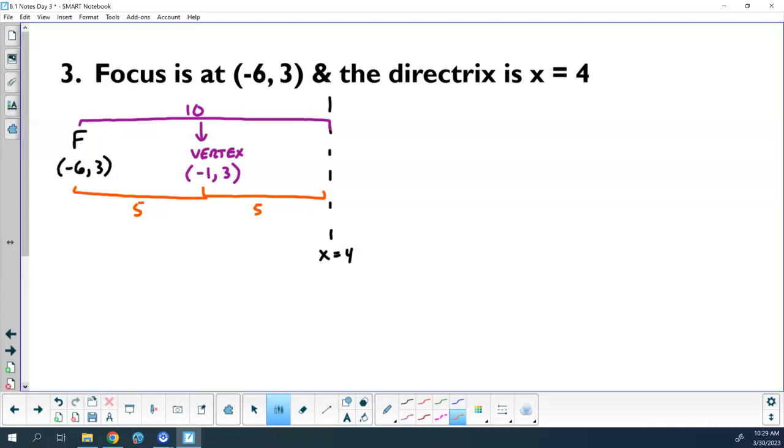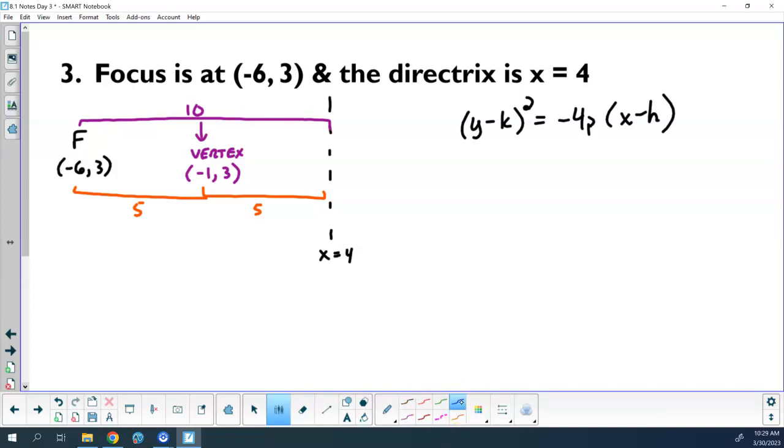Which way does this parabola open? Left. Okay. So a left opening parabola is y minus k quantity squared equals -4p times the quantity x minus h.